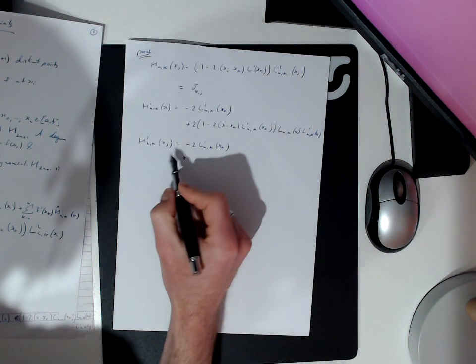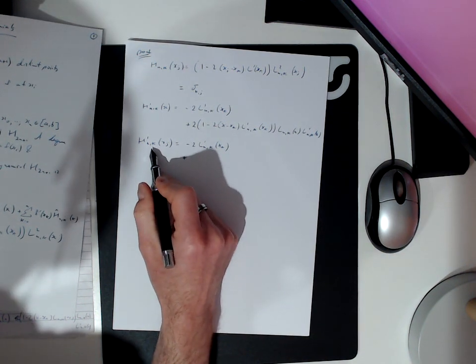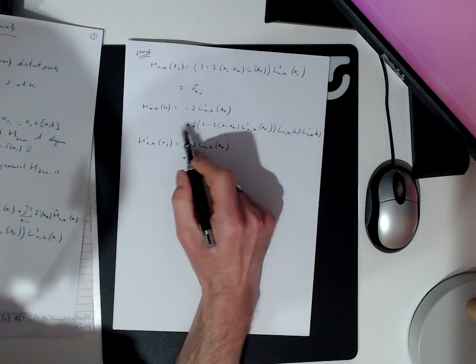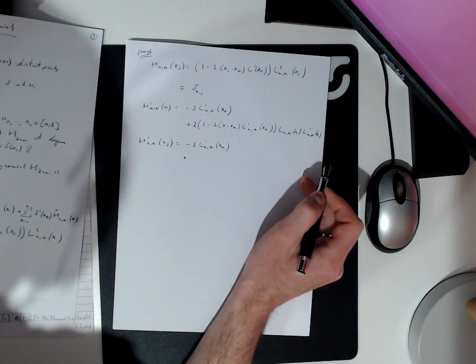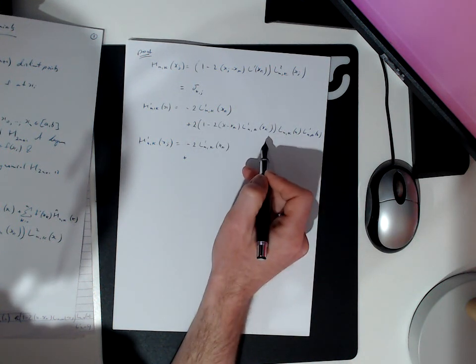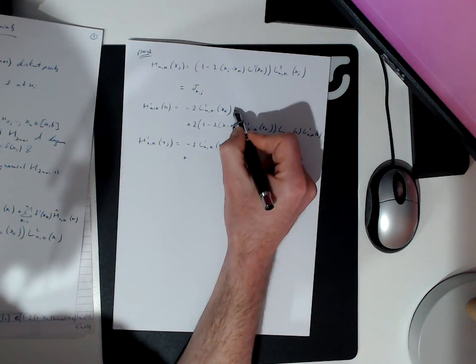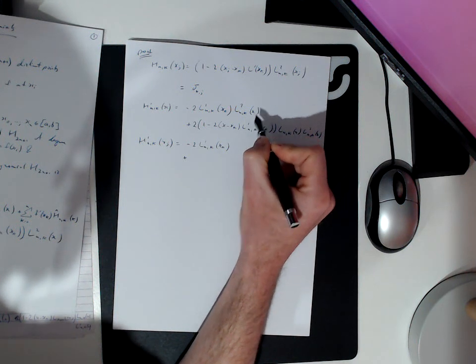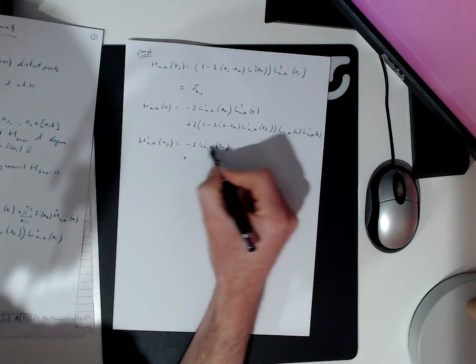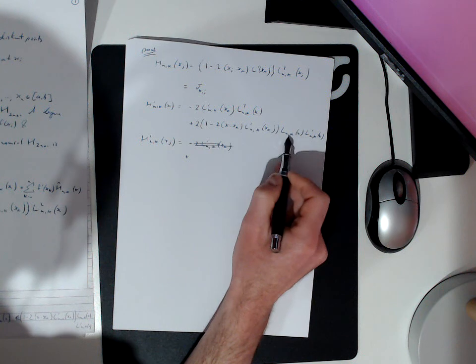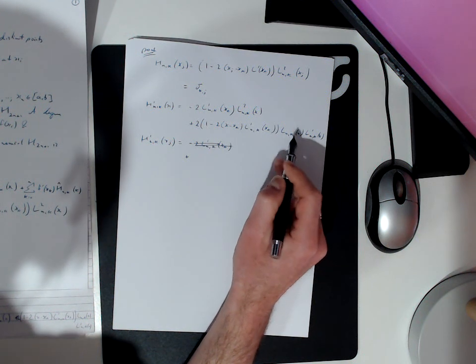Plus, well, if xj is not equal to xk, then this term will be 0, so this whole thing will be 0. So this will be 0 if j is not equal to k, so that's 0, and this term will be 0 because that will be 0 if x is not equal to xk.